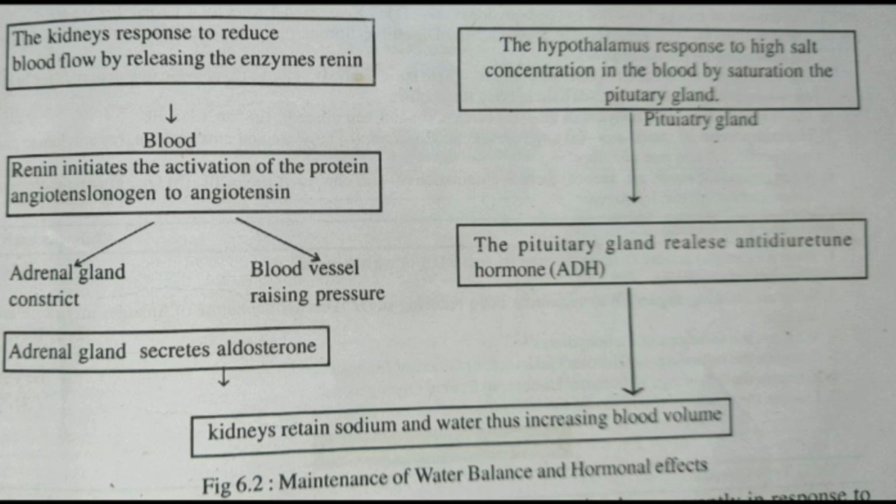Renin acts on a protein called angiotensinogen, forming the active angiotensin. Angiotensin also mediates the release of hormones like aldosterone, which causes the kidneys to retain more sodium and thus water.